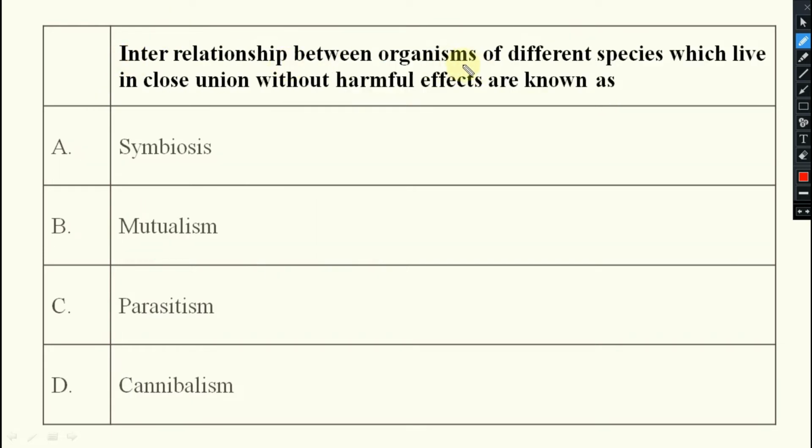Next: the interrelationship between organisms of different species which live in close union without any harmful effect. Some terms are given here, four of them. What is symbiosis? The meaning is without any harmful effect. That means negative won't work here.